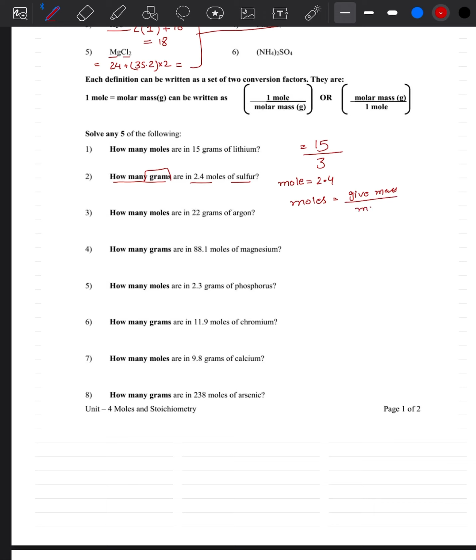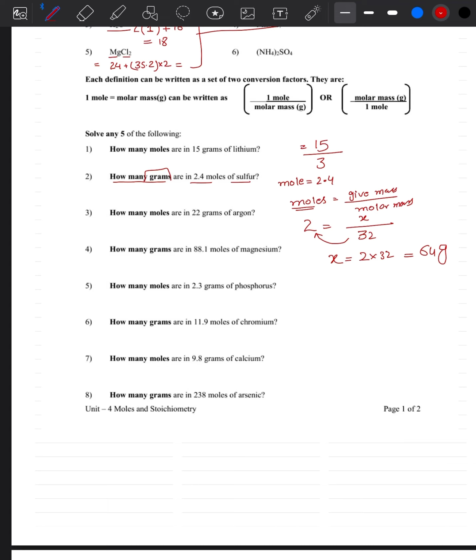They gave us the number of moles, so we just replace the value. The number of moles is 2.4, the upper quantity we have to find, and the molar mass of sulfur is 32, as mentioned in the periodic table. When I shift 32 to this side, it becomes 2 into 32, so I have 64 gram of sulfur.